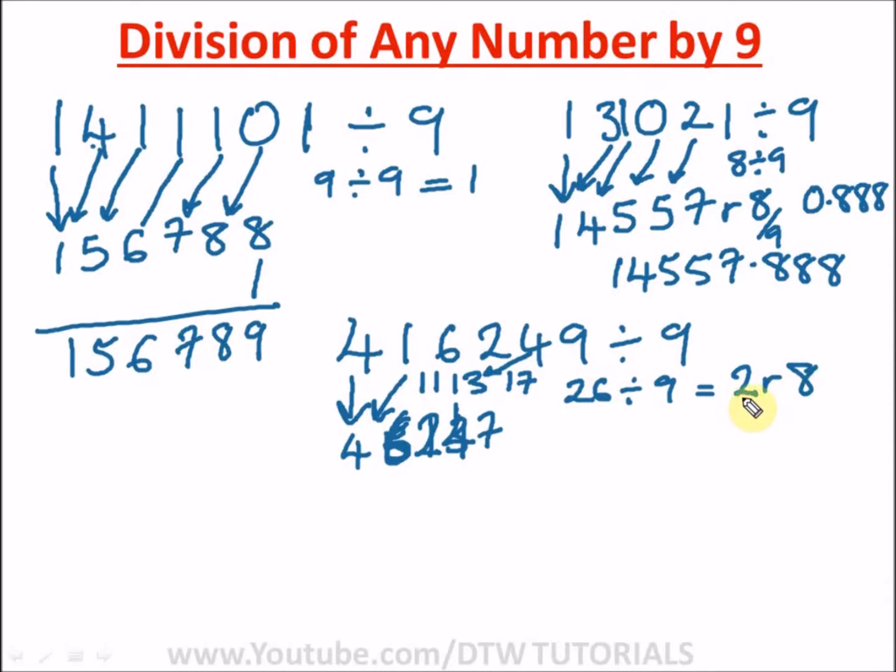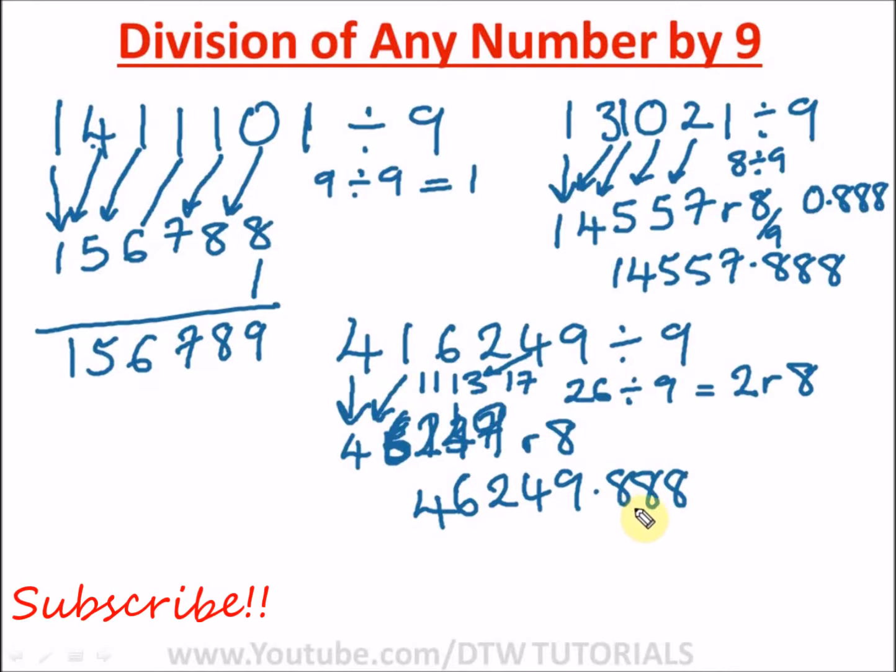So these two, we add these two up to 7, and this will give us a 9, remainder 8. I hope you understand this. So our final answer here will be 46249.88. This is how we can divide any number by 9.